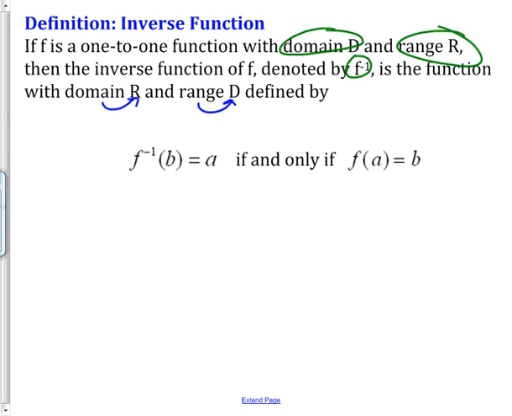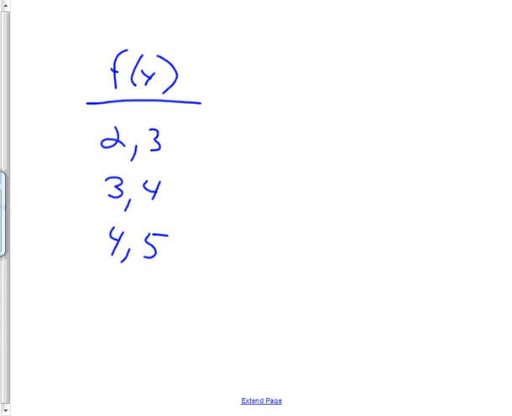All right, the point is that if you have a function that's got some points on it, like here's f of x, and it's got (2, 3), (3, 4), (4, 5). Its inverse function, I'd write this one down too. This is a good example of an inverse function and what it does.